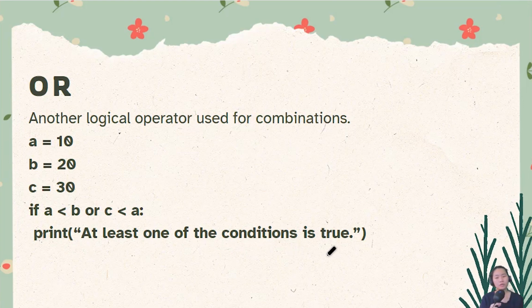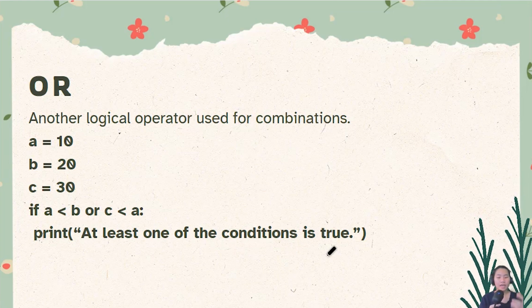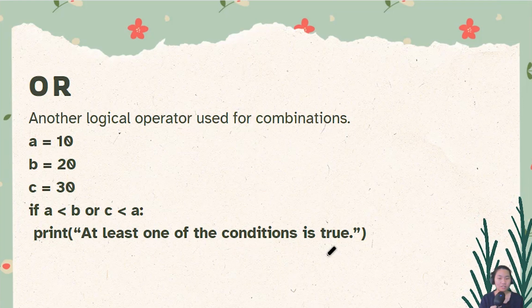Now, a is less than b, we know that for sure. a is 10, b is 20. But c is not less than a because c is 30 and a is 10. So with c less than a, one of the conditions is false. But since or only needs one, which is satisfied by a less than b, we print out at least one of the conditions is true.